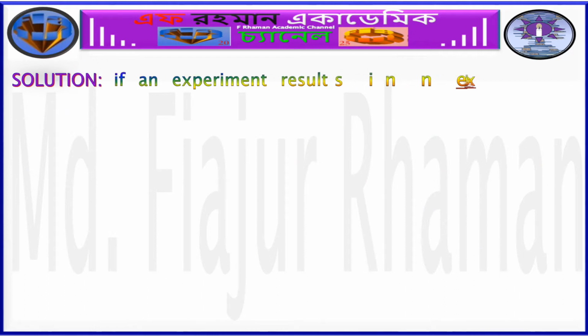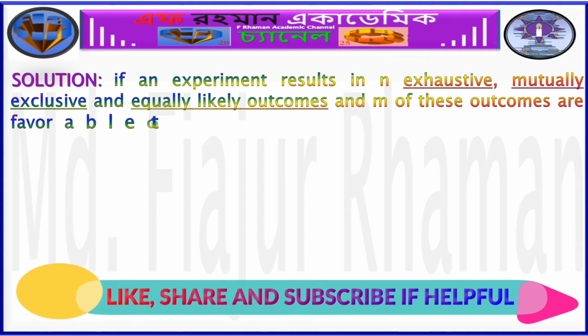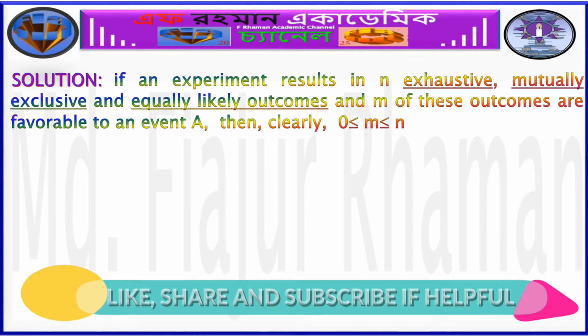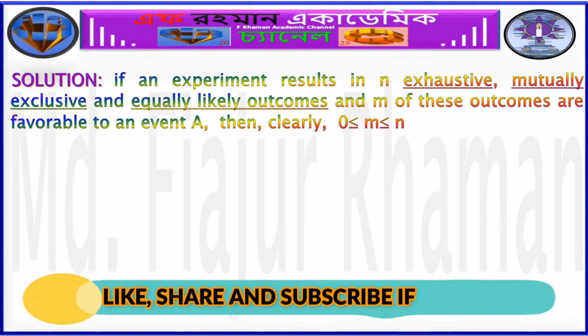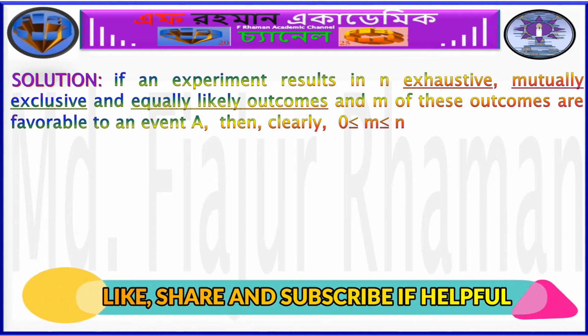Solution. If an experiment results in n exhaustive, mutually exclusive, and equally likely outcomes, and m of these outcomes are favorable to an event A, then clearly 0 ≤ m ≤ n. A question may arise in you, how can this be written?